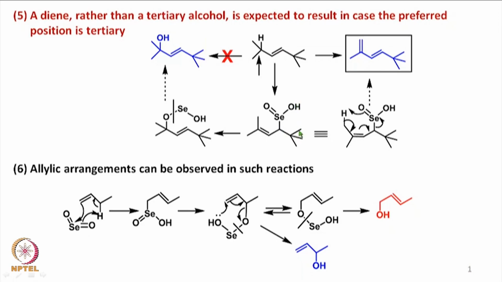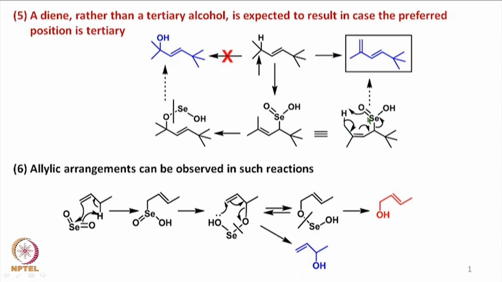Now what happens is we do not get such a tertiary allylic alcohol, but we get the corresponding diene. So what one could expect that when such a selenium based intermediate is formed, there is a migration of the double bond from here to here, followed by cleavage of the carbon selenium bond and removal of a proton, and of course formation of another double bond.